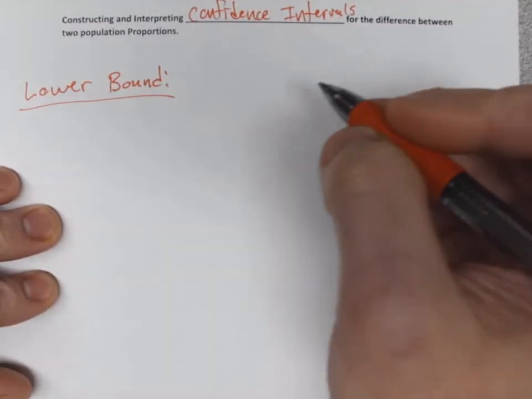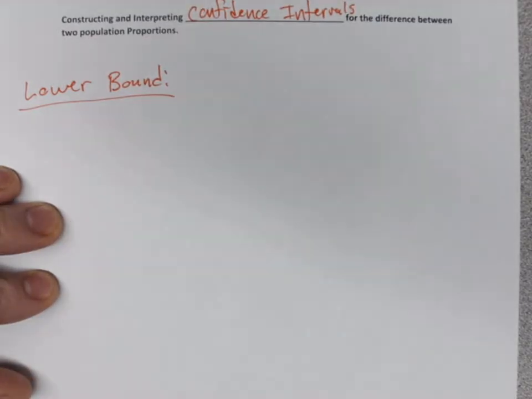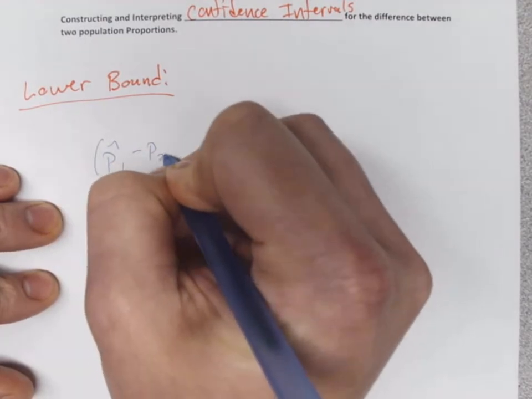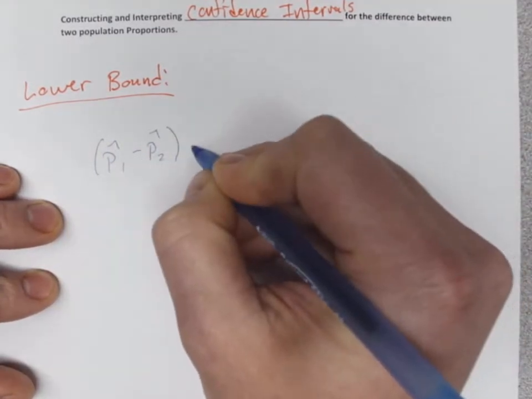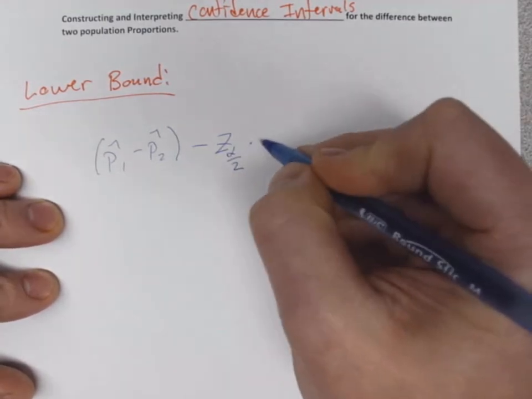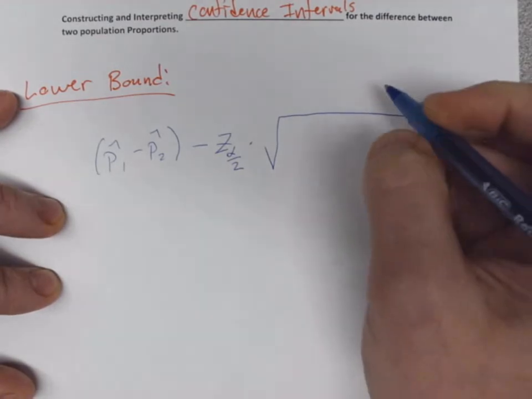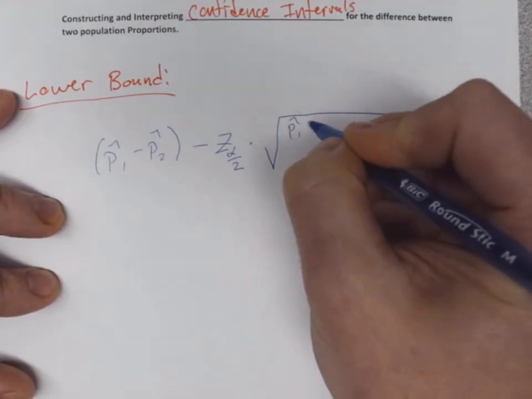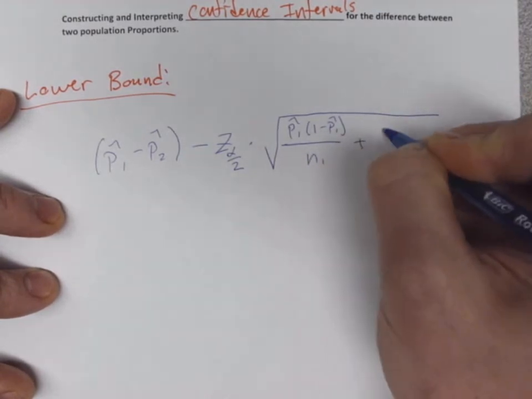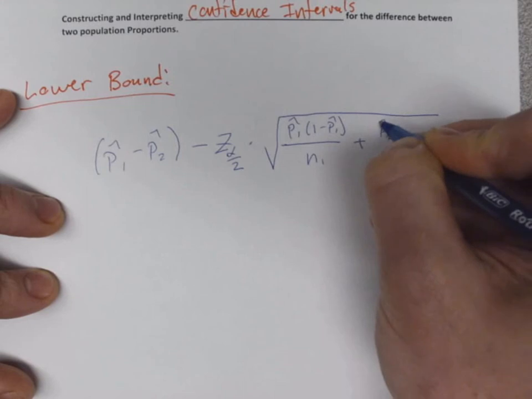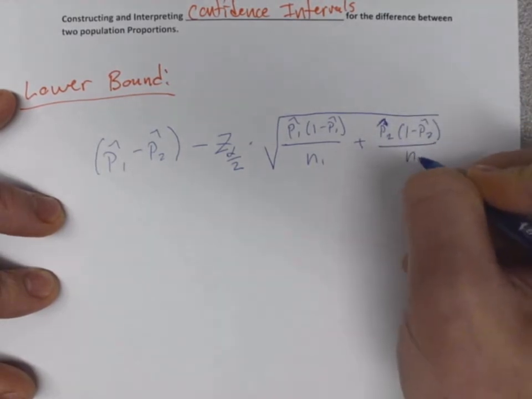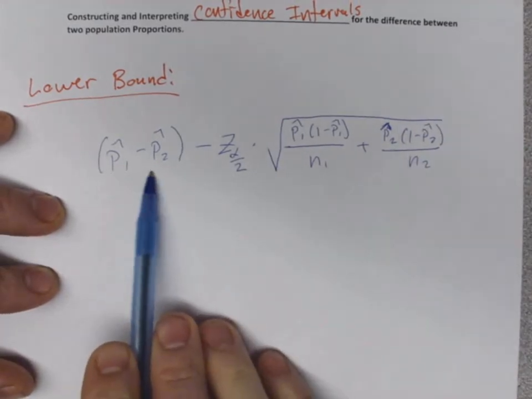So it starts out as, I'm going to do it down here, P1 hat minus P2 hat minus Z alpha over 2, and that's multiplied by this big square root, which is the standard deviation. The square root of P1 hat times 1 minus P1 hat, all over N1, plus P2 hat times 1 minus P2 hat, all over N2. So this value you already know.